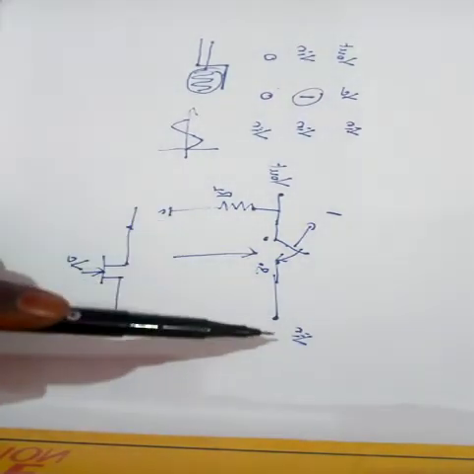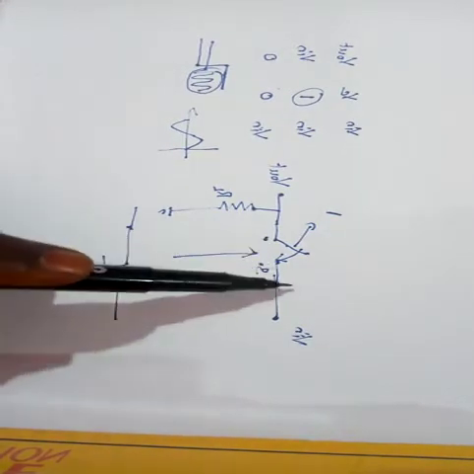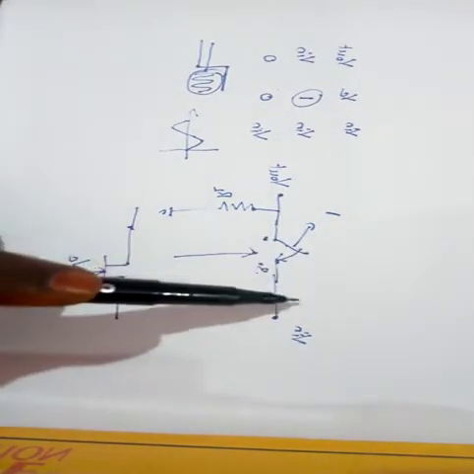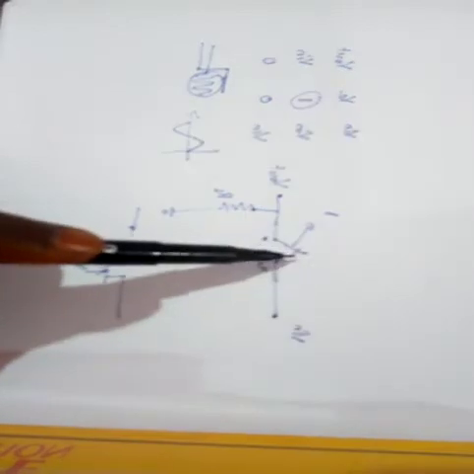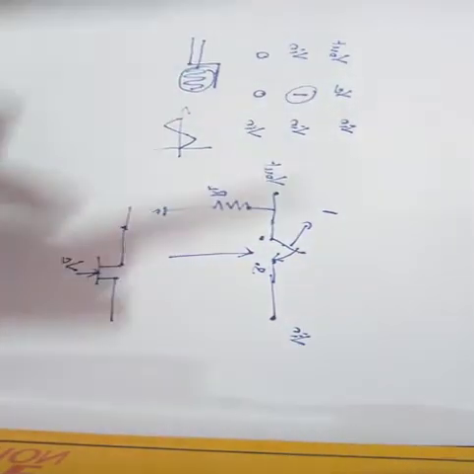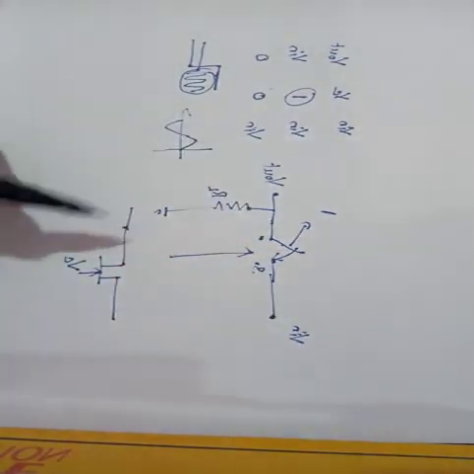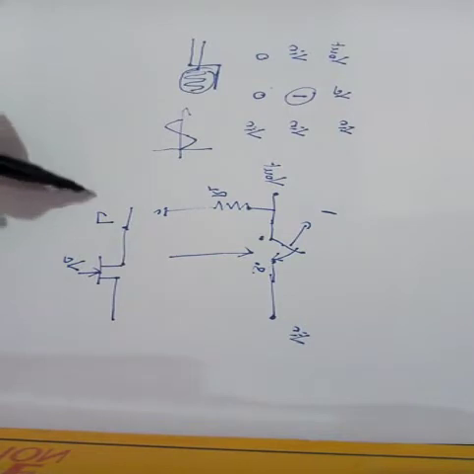Look here, the input voltage V in is in series with the switch, or in simple words, the switch and the input voltage are in series to each other. Such a kind of switch can be called a series switch.